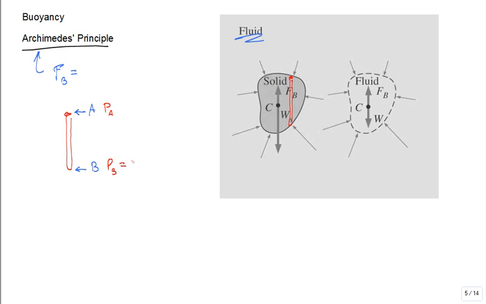It's equal to the pressure at A plus rho times G times H, where H is the height of that little pencil-thin column. If I had a taller pencil-thin column, wouldn't it be a greater pressure difference? Yeah, it would be, true?